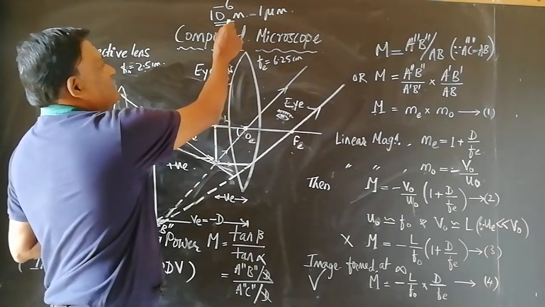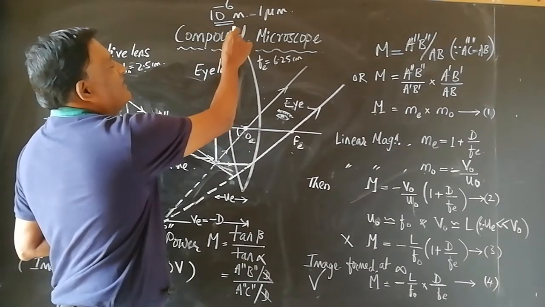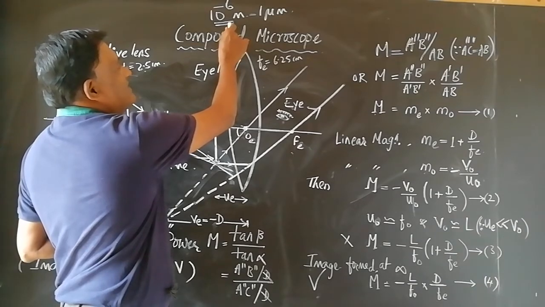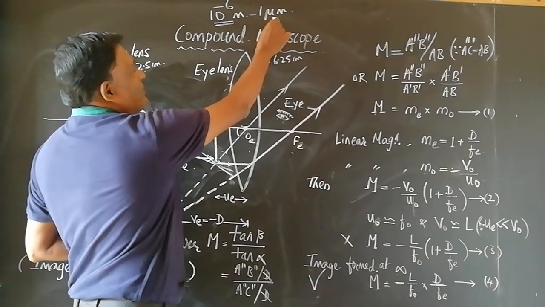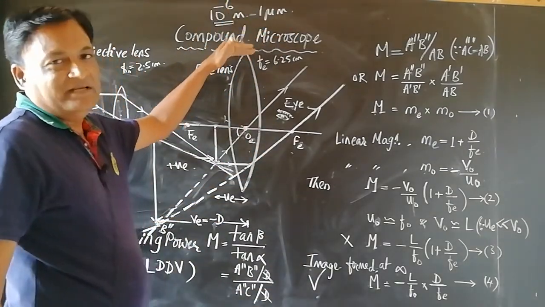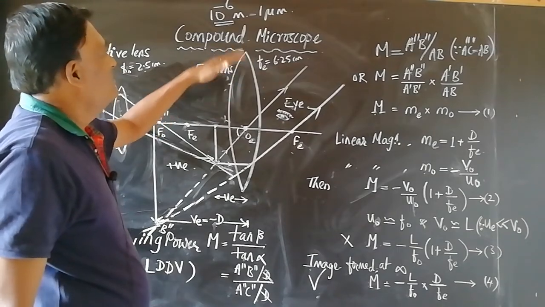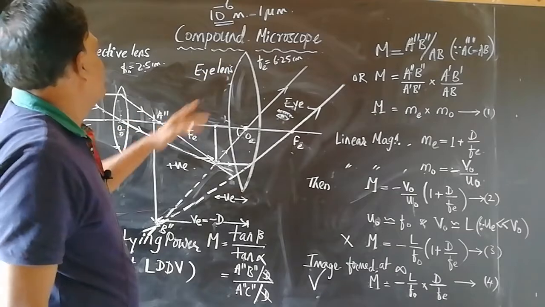The particles or tissues or plant cells or animal cells which are of the size of 10 to the power of minus 6 meter, which is nothing but 1 micrometer, so microorganisms can be viewed under a compound microscope.